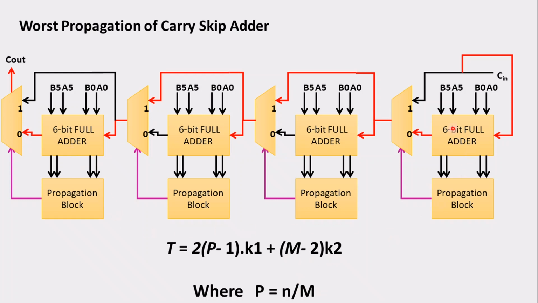In this example, the number of blocks is 4, so m is 4. n is m into p, so 4 into 6, that will be a 24-bit adder. Now k2 is the propagation delay of this particular multiplexer. So this is the worst case delay in terms of a carry skip adder.